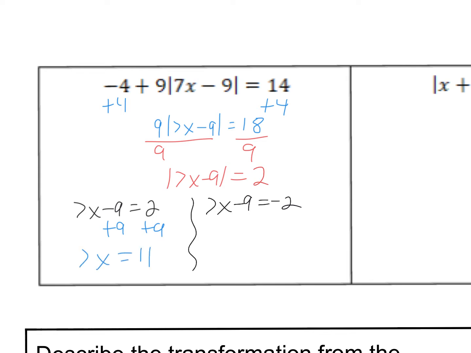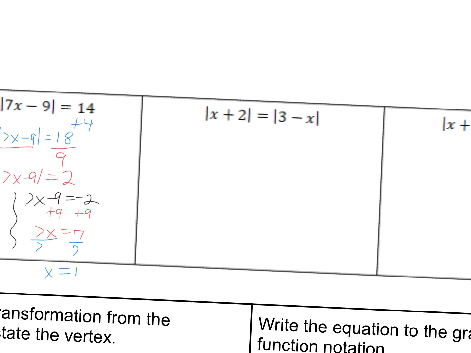Then we divide both sides by 7, and we get x equals 11 over 7. On the right side, if we add 9 to both sides, we get 7x equals 7. Then we divide by 7, and we get x equals 1. Okay, let's move on to this next one.